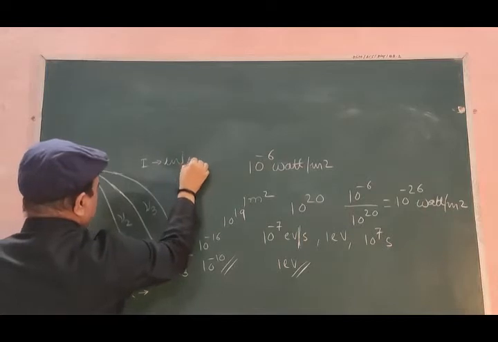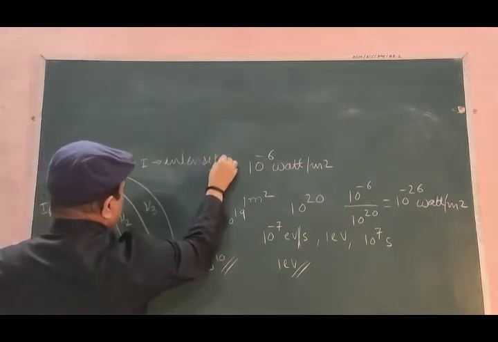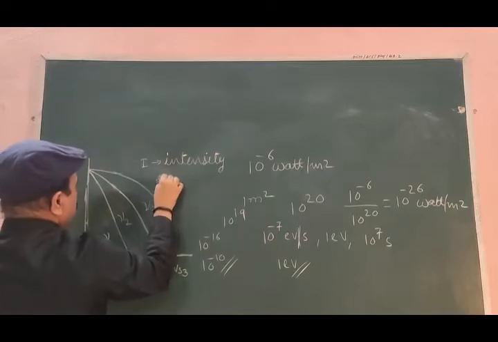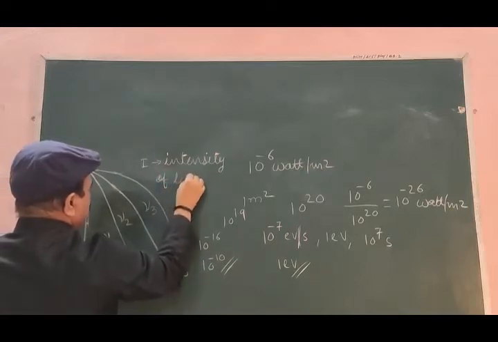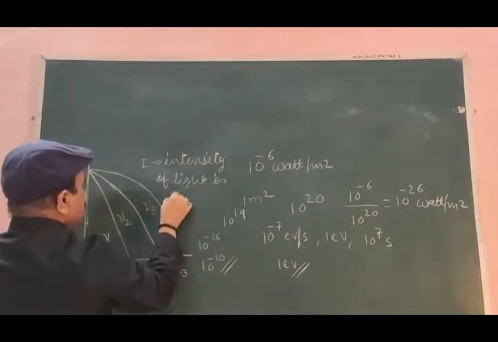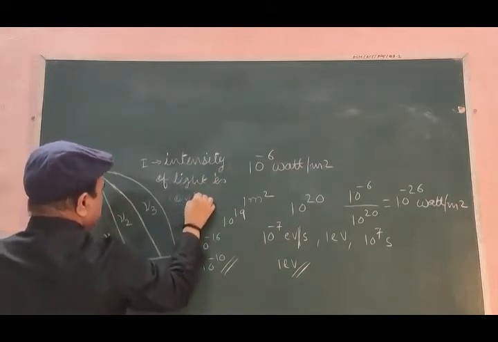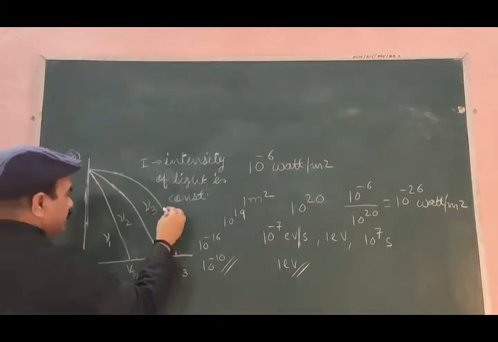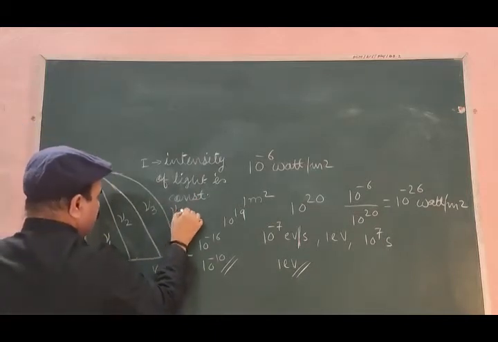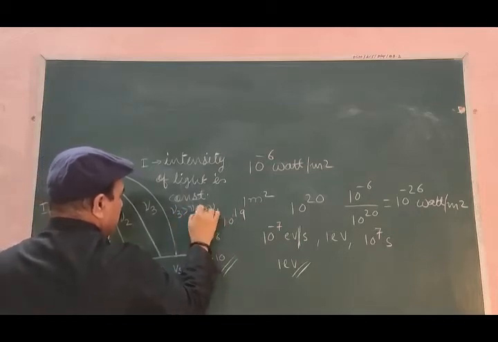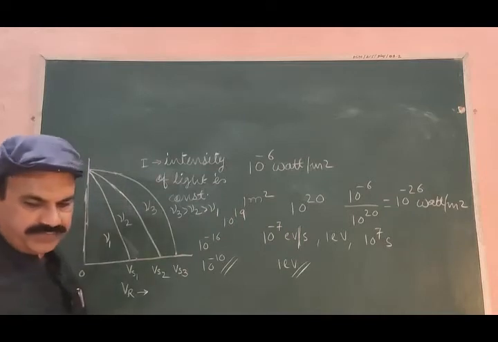Intensity of light I is constant, and nu 3 greater than nu 2 greater than nu 1.